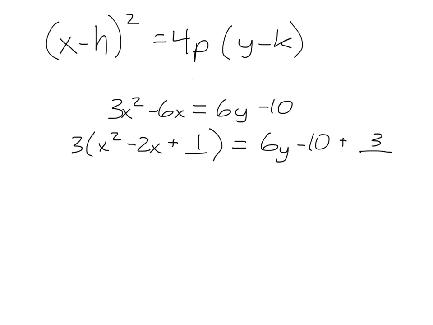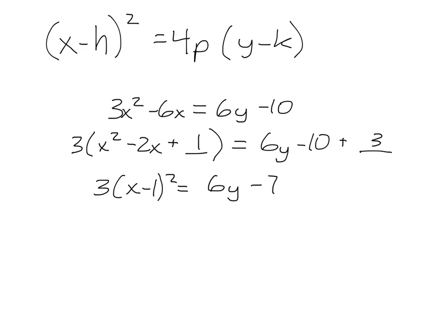Now we can factor this here and add like terms over here. So it's going to end up being 3 times (x minus 1) squared equals 6y minus 7.